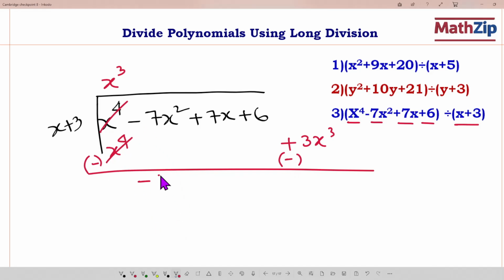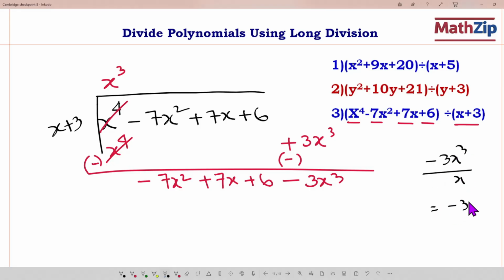Here is minus 7x square plus 7x plus 6, and here is minus 3x cube. Then minus 3x cube divided by x will be minus 3x square. So here is minus 3x square.